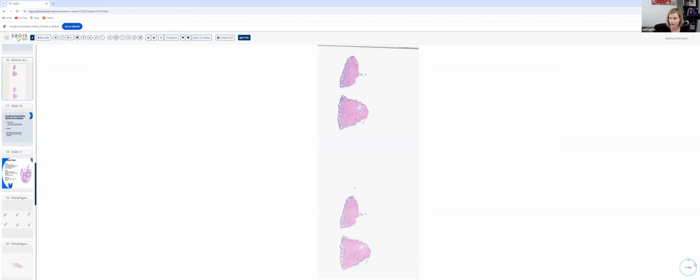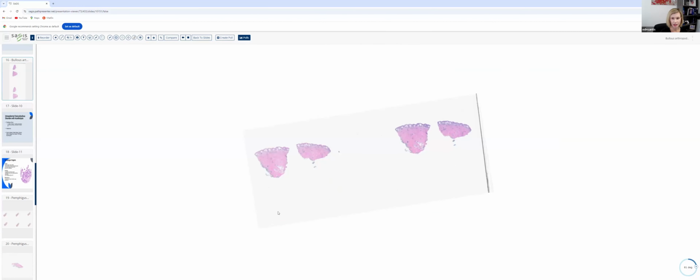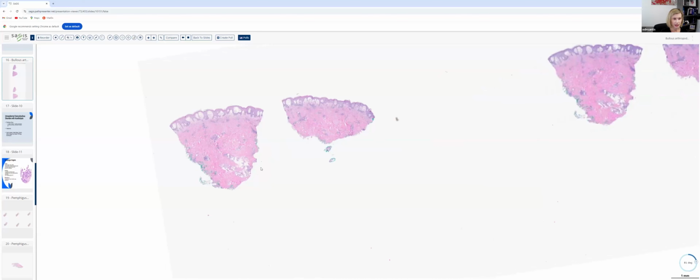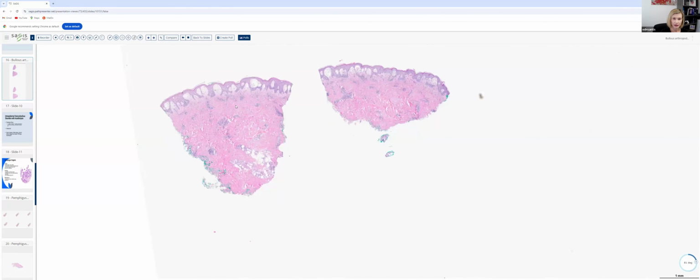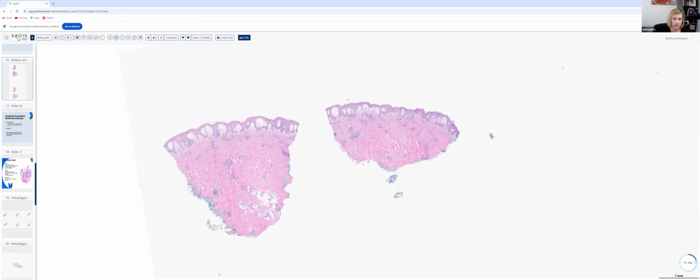So here's another slide of a bisected punch. And in this case, we see some epidermal acanthosis. We don't necessarily appreciate a lot of epidermal spongiosis in this slide, but what we do see is prominent subepidermal edema.